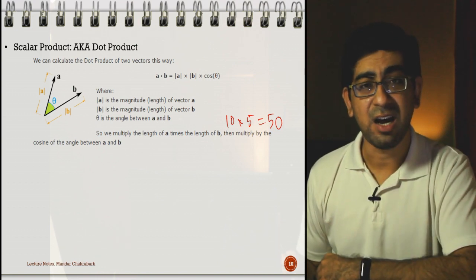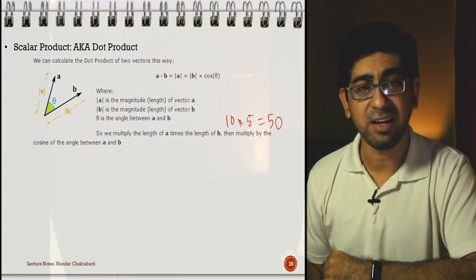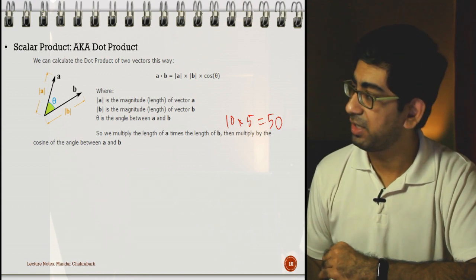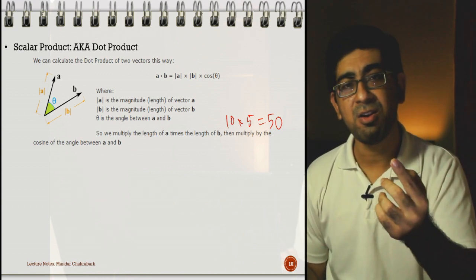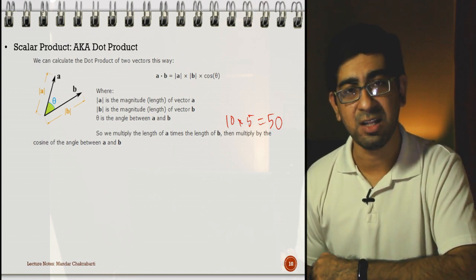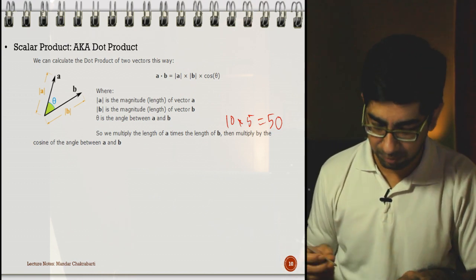Essentially, the reason why we are considering the cosine of the angle between these two vectors is because we are taking the projection of one of the vectors onto the other. Let me elaborate it for you.